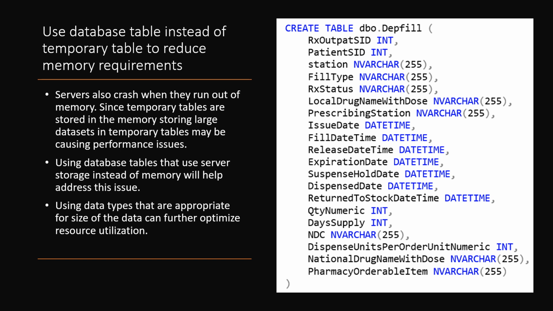In fact, by selecting data types that are appropriate for the size of the data, you will be able to further optimize this table. For example, we can use smaller forms of nvarchar. We can use tinyint, or we can use smaller data types if the data allows for it.